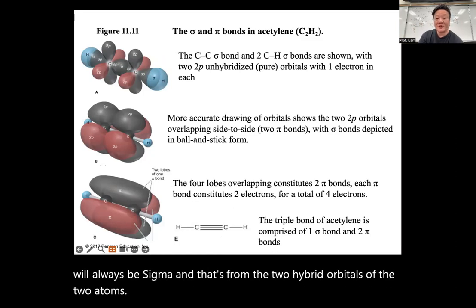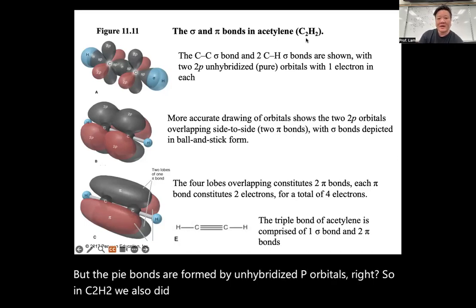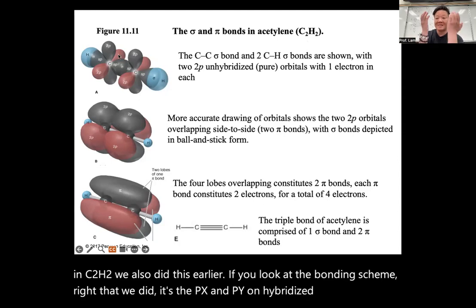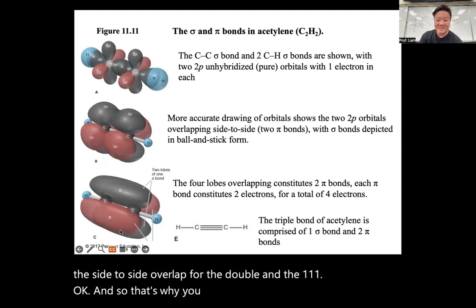But the pi bonds are formed by unhybridized p orbitals, right? So in C2H2, we also did this earlier. If you look at the bonding scheme that we did, it's the px and py unhybridized orbitals that form the side-to-side overlap for the double and the triple bond. Okay. And so that's why you have two sets of pi bonds here.